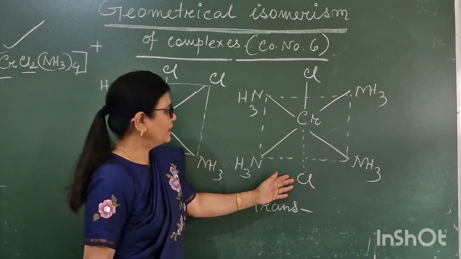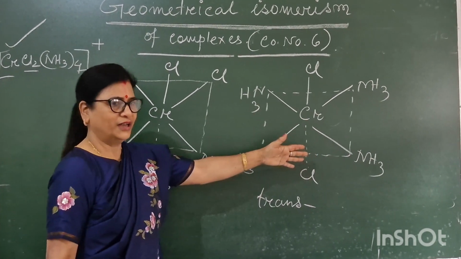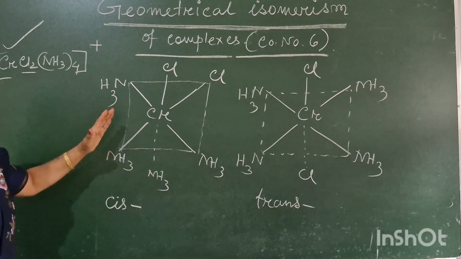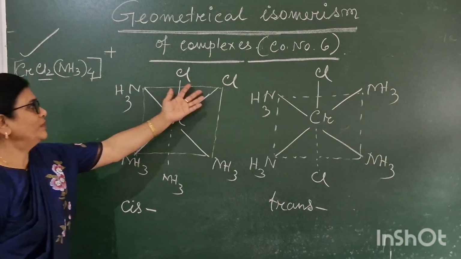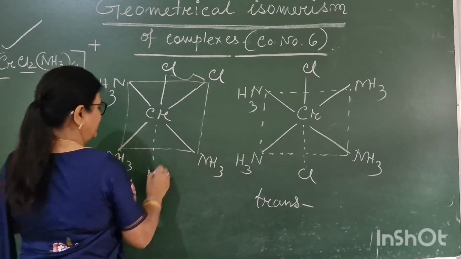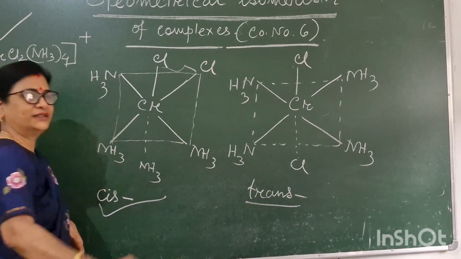We cannot explain with respect to the amine ligands because there are 4 of them. We draw the cis and trans isomers with respect to the chlorido ligands. When these are adjacent to each other, this is called cis. When these are opposite to each other, this is called trans.